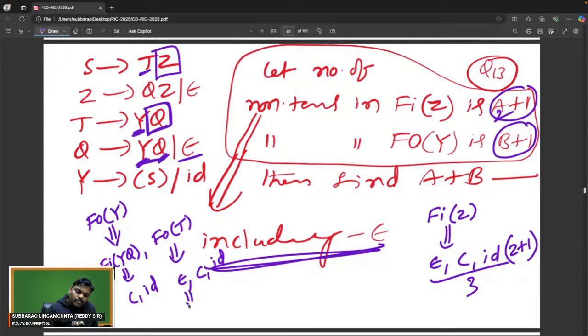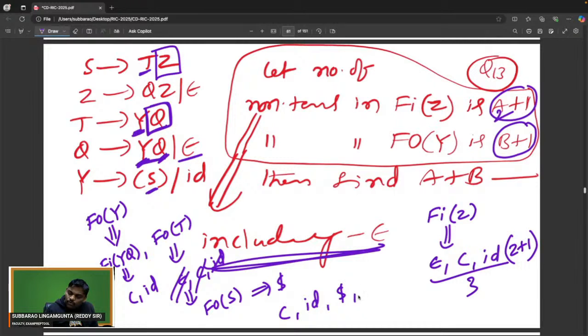Because of this epsilon, follow of S also, which is dollar. So this epsilon is gone. C already there, D already there. Now if you observe clearly, open bracket will be there, ID there, dollar also there. And one more thing, follow of S, closed bracket also there.